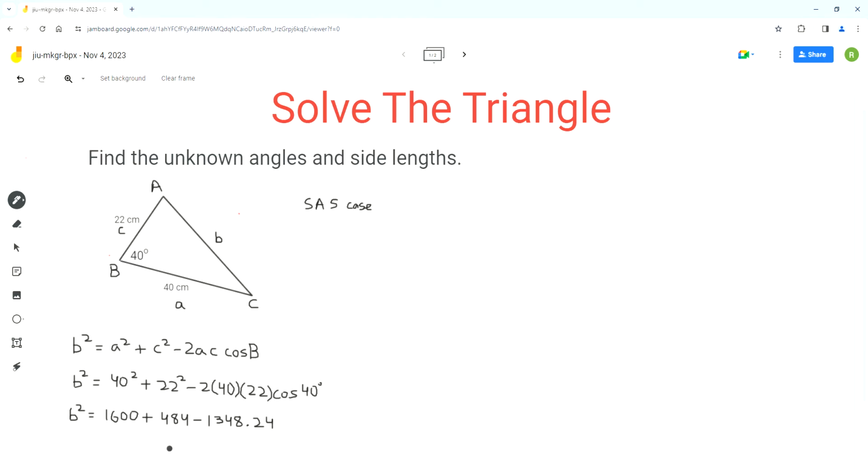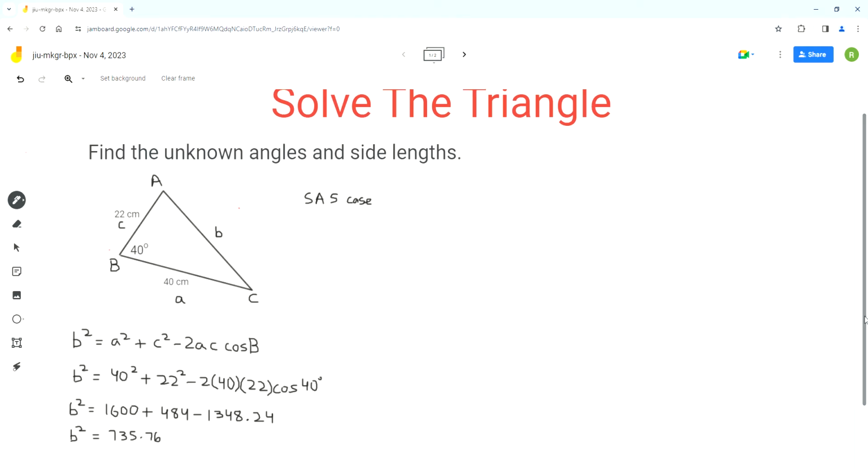Now we can combine these three terms. So we have to do 1600 plus 484, and from that we have to subtract 1348.24. So I got 735.76.